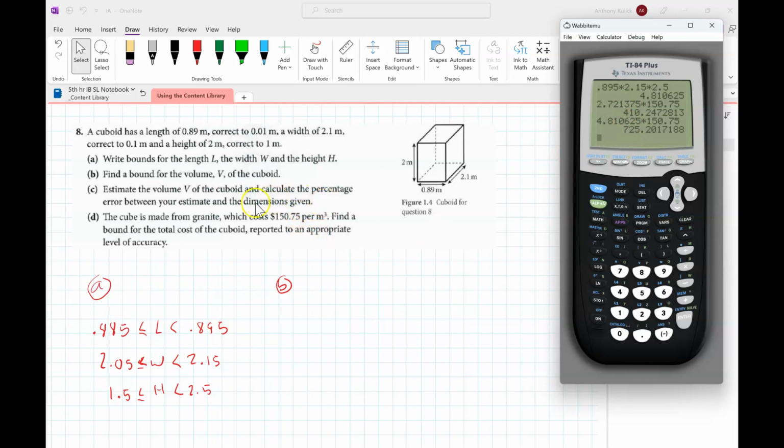Because we multiplied cubic units by dollars per cubic unit, so the cubic units cancel out and you're left with just dollars. So those are both monies, the $410 and the $725. And I'd probably round that to the penny since we're talking about money, regardless of the significant figures involved.